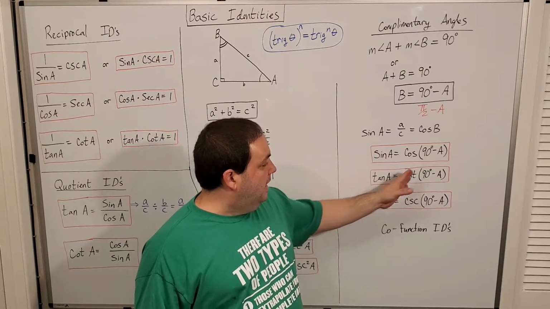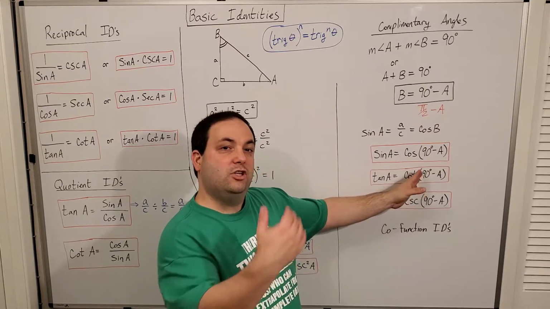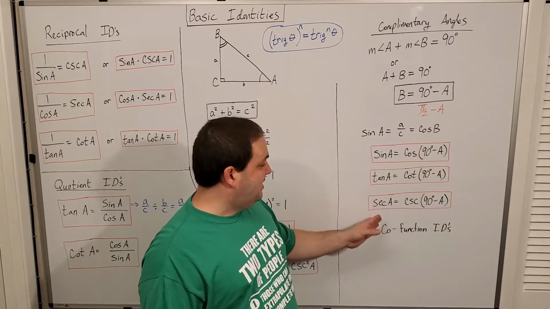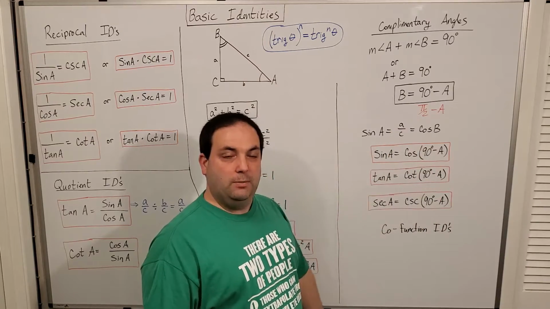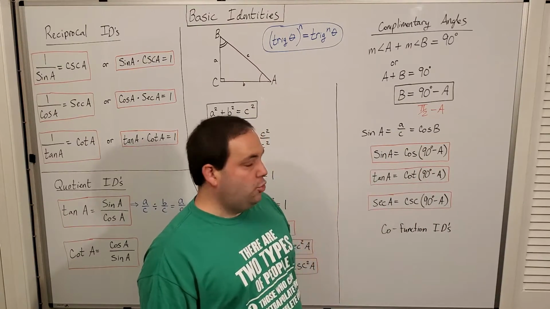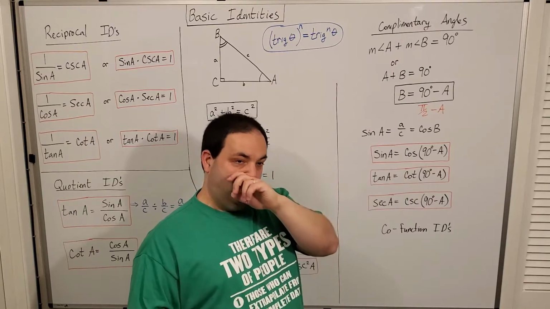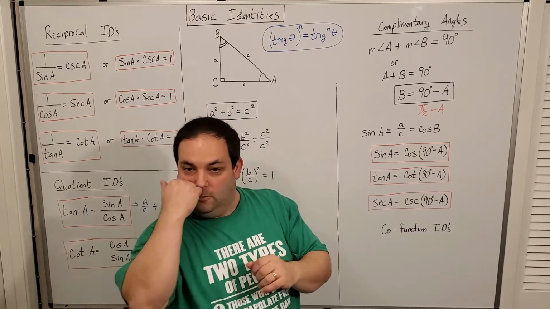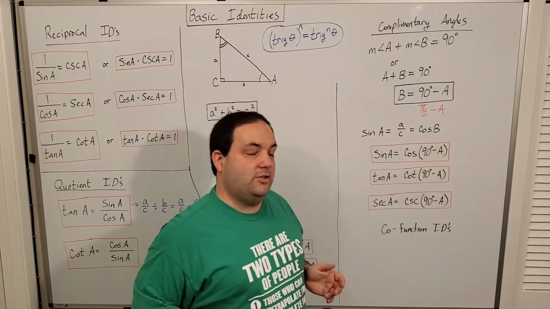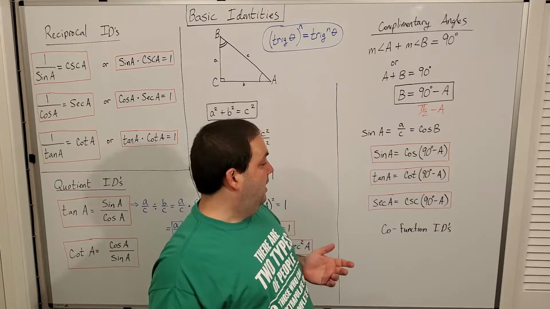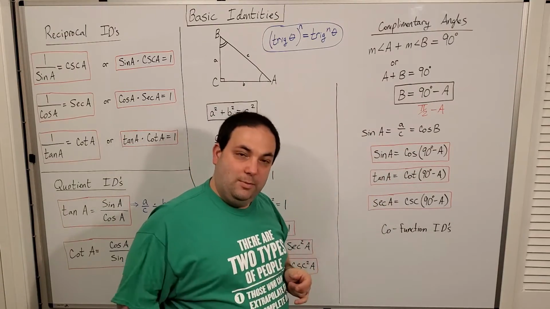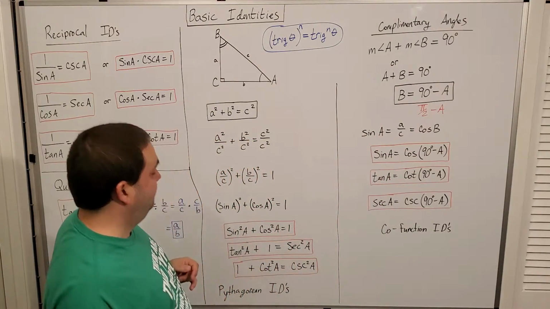Tangent of an angle is equal to the cotangent of the complementary angle. Secant of the angle is equal to the cosecant of the complementary angle. This is useful when you want to compute the sine or cosine of some angle based on information you already have about its complement. Also, it helps show the symmetry in a lot of other situations.